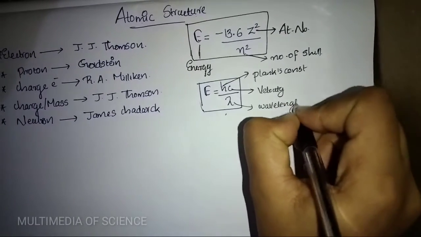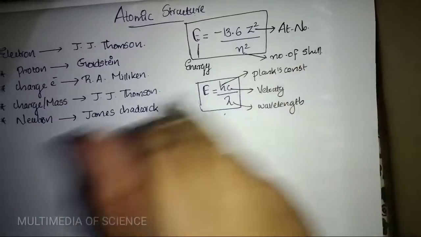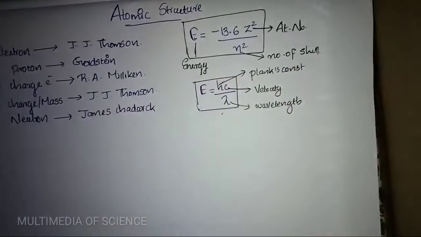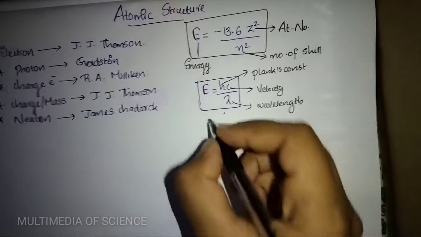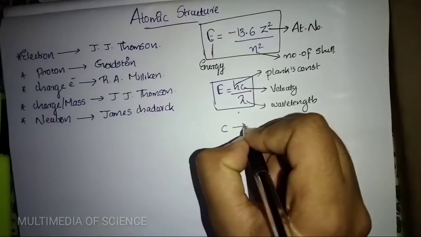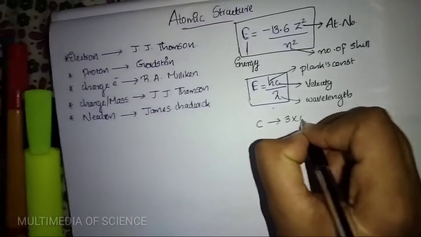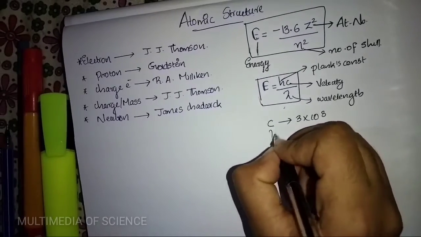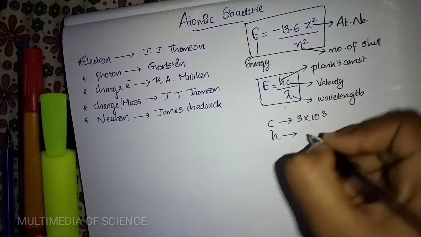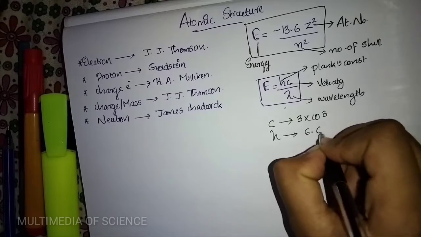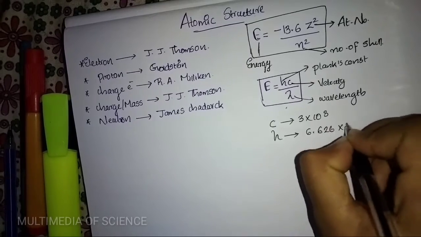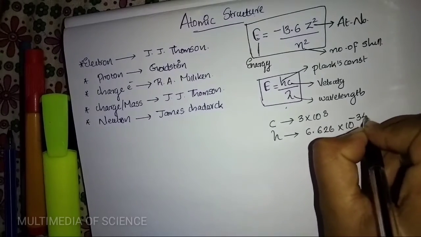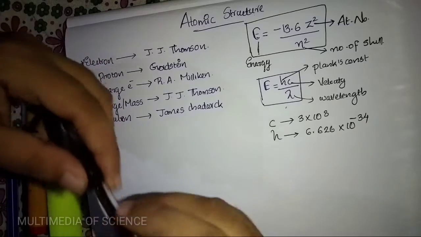You need to memorize the constant values of H and C. The value of C is 3 into 10 raised to 8. The value of Planck's constant H is 6.626 into 10 raised to minus 34. Clear?